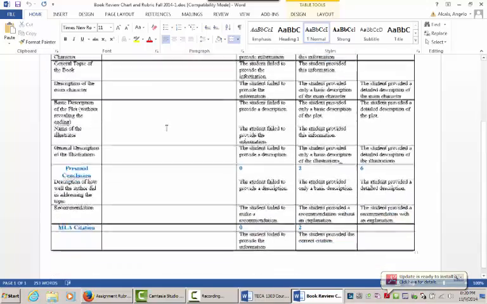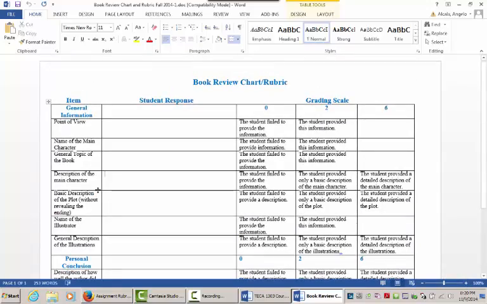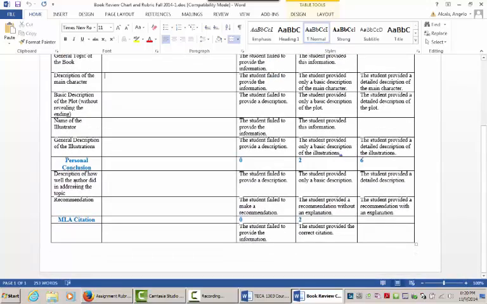After completing that, you're going to write a personal conclusion, because you will see that as part of a book review. And in this particular section, you basically state how you thought the author did in addressing the topic related to what you've read and the bar chart that you answered questions about. And type your responses here. Okay. Again, a detailed description will earn you 6 points.